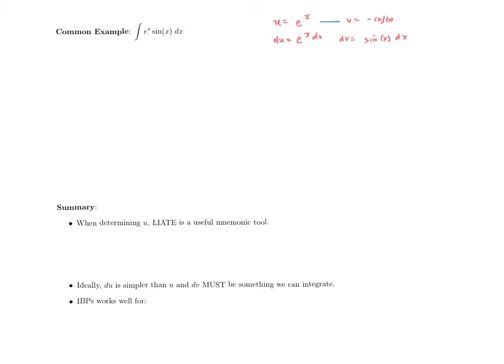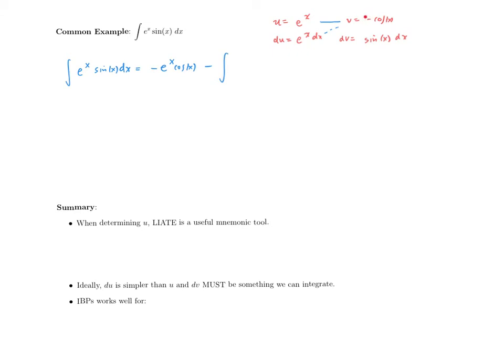And integration by parts tells us that the original integral, the integral of e to the x sine of x, is equal to uv, so minus e to the x cosine x, minus the integral of v du.